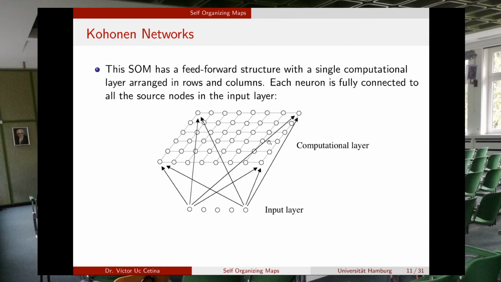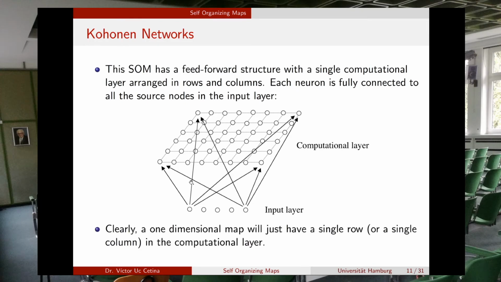And our computational layer is a lattice of, in this case, 6 by 8 neurons. So we have 48 neurons arranged in a lattice, and every single input variable or input neuron is connected to each of the neurons in the lattice.